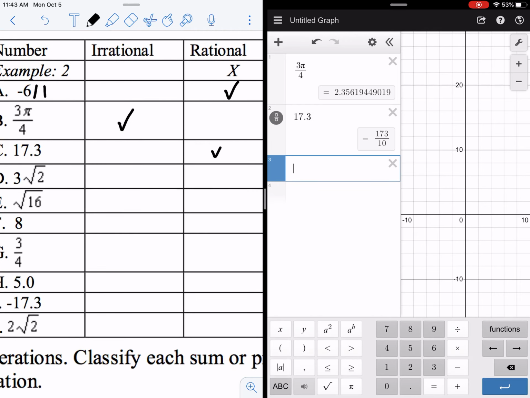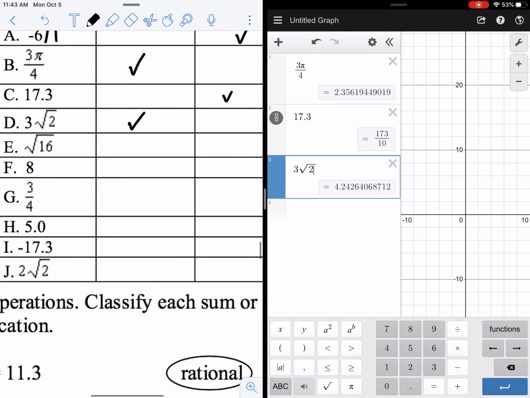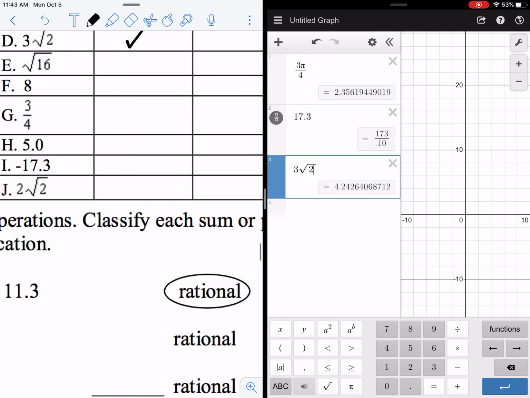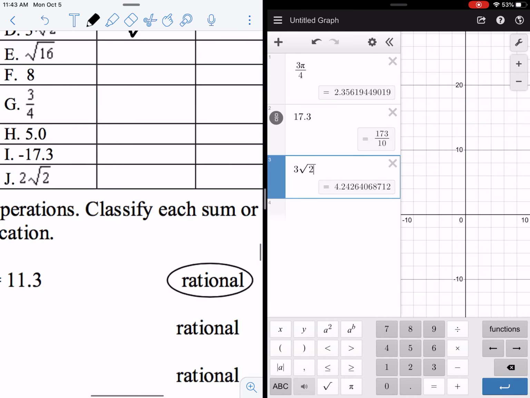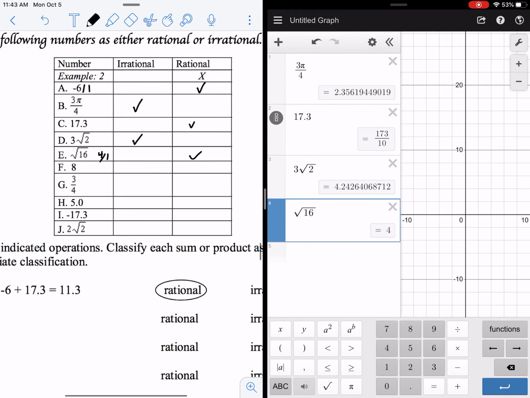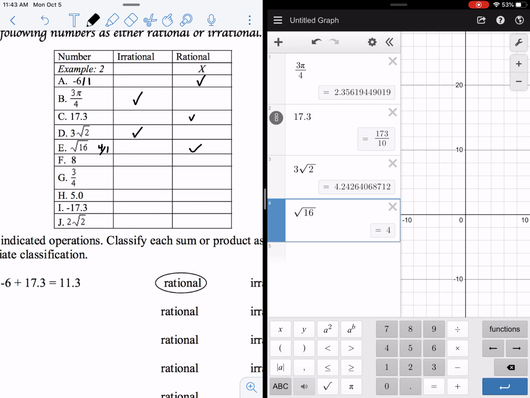3 square root 2. No fraction button, so irrational. Square root of 16 is 4, which is a pretty number. I know I can write it over 1, so it's rational. 8, also a pretty number. 3/4.